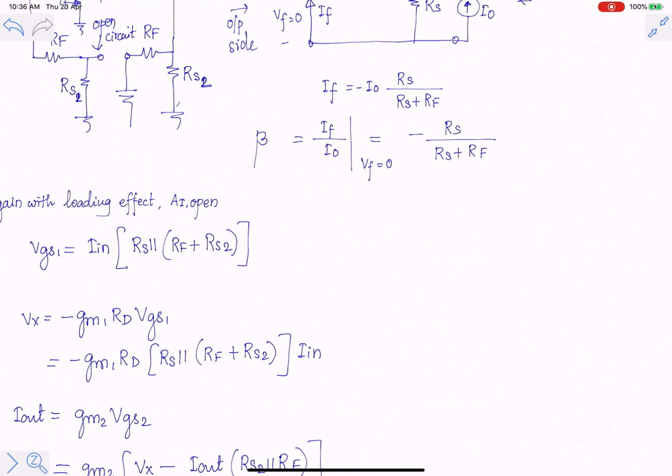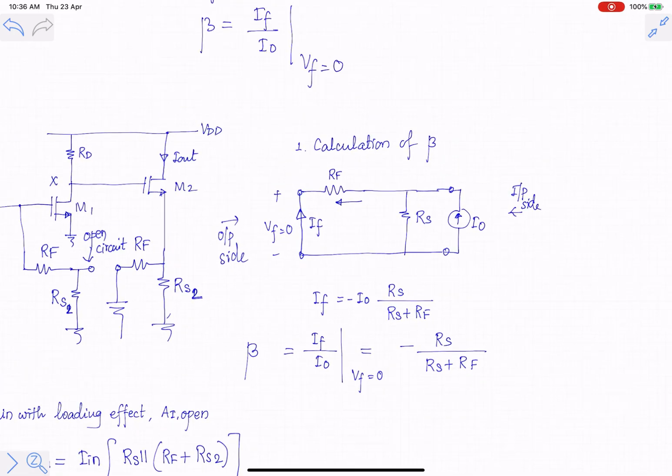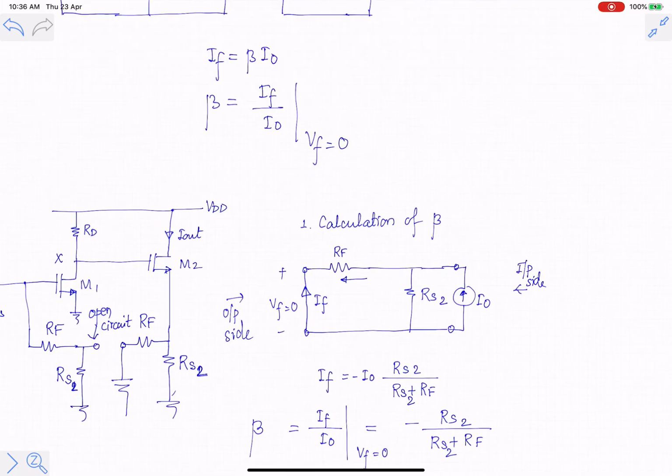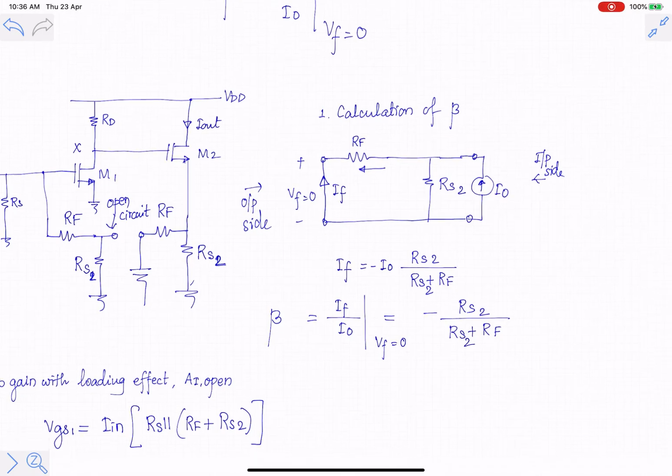Okay, so that is the beta. So it is RS2, sorry, this is RS2 plus RF. Feedback factor is with respect to RS2 and RF.